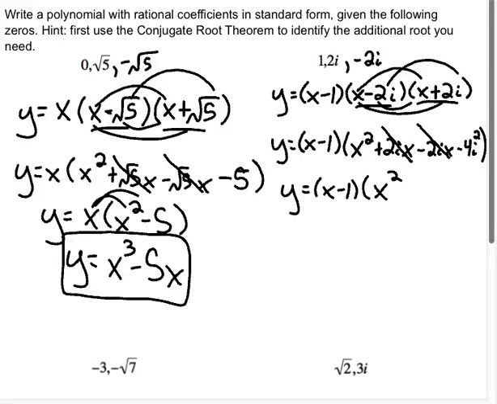So now I have x squared, and now let's focus a little bit on this, okay? Because remember from chapter 4 that i squared is negative 1. Okay, remember that back in the end of chapter 4?